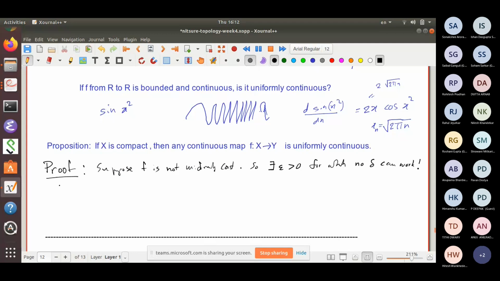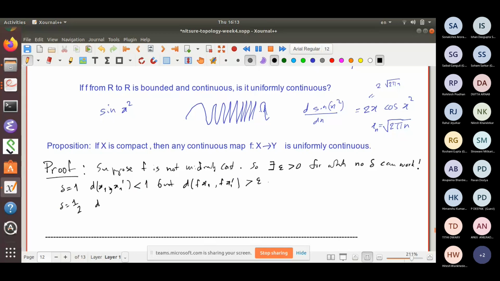So let's try deltas one by one. Delta equal to 1 does not work. Therefore, there are some x1 and x1 prime so that d of x1, x1 prime is less than 1, but d of f(x1), f(x1 prime) is greater than epsilon. Well, let's try delta equal to half. That also doesn't work.